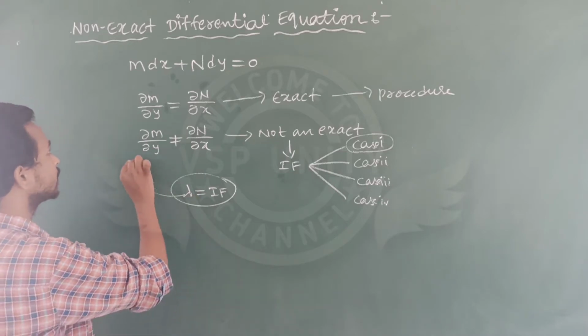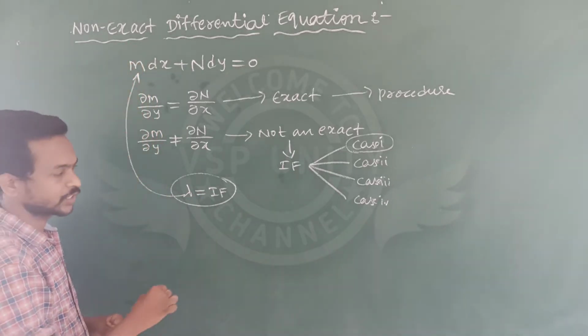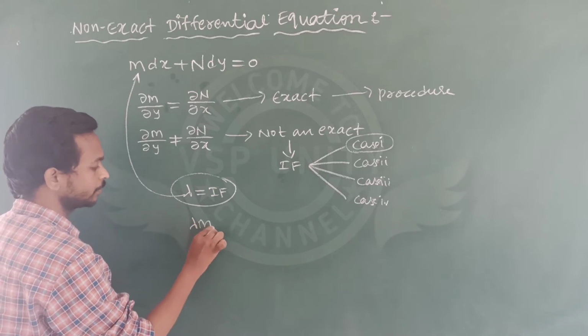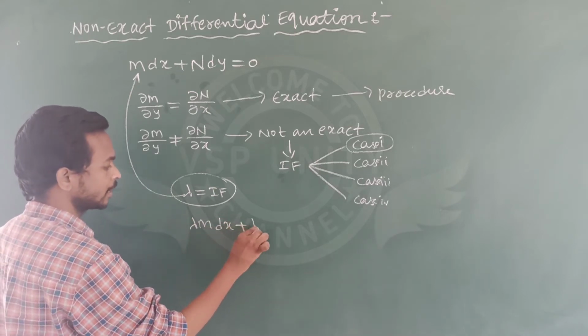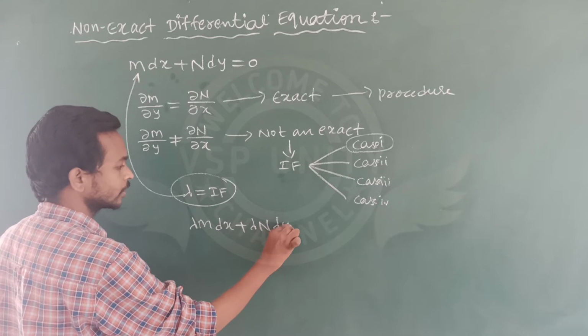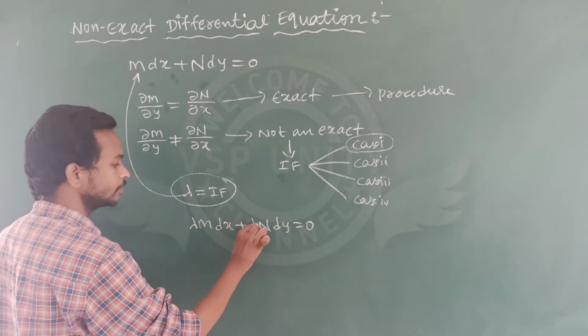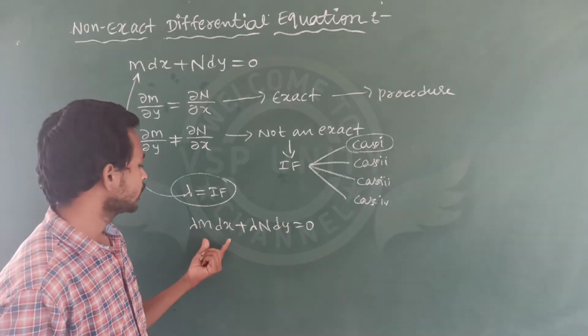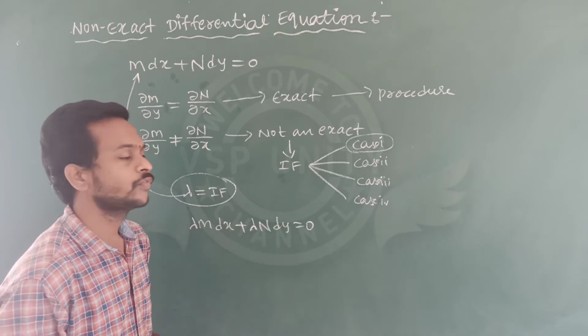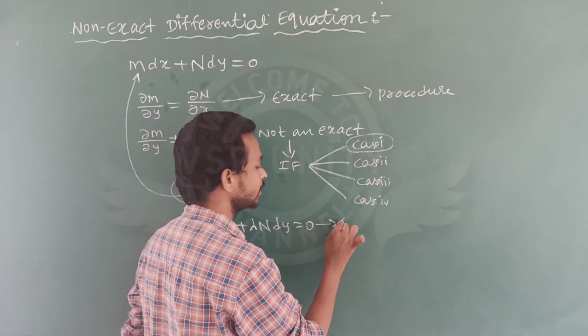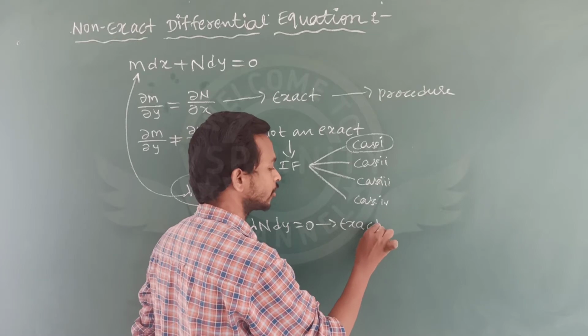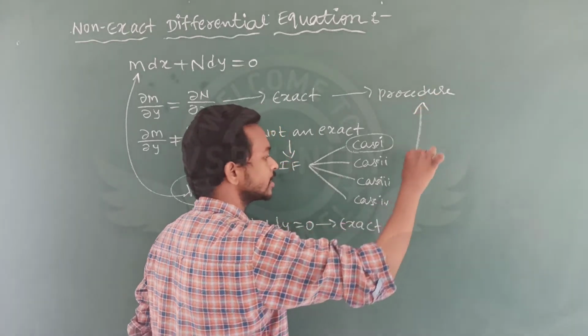If you multiply this lambda with the given differential equation, that is lambda M dx plus lambda N dy is equal to 0, then this differential equation will become an exact form. Then after we have to apply the same procedure.